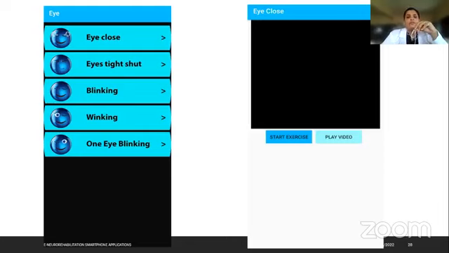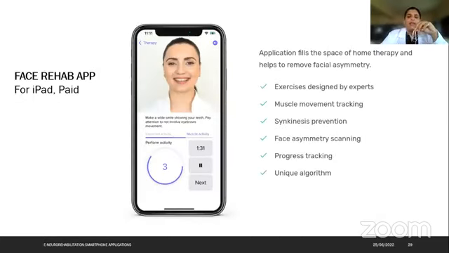But if the patient is performing abnormal movement, then synkinesis is also detected and feedback is given to the patient that please close your eyes properly. So there are applications aimed at preventing synkinesis movement. There is a face rehab app. It is particularly for iPad and it is a paid version.